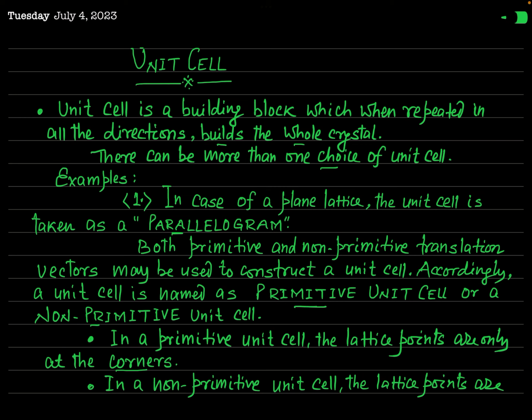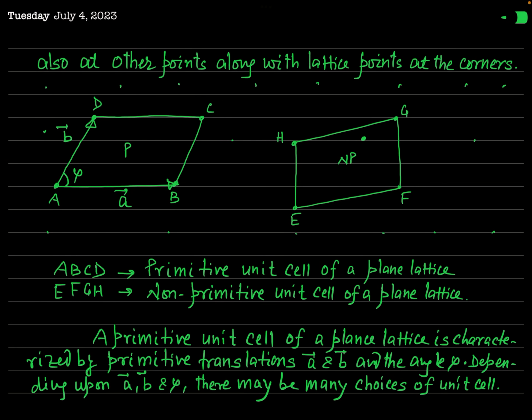So you can say that in the case of a primitive unit cell, the lattice points are only at the corners, but in the case of a non-primitive unit cell, lattice points are at the corners and also at other points which are not lying at the corners. I have shown in this figure two unit cells. Both are parallelograms, you can see. So these will be the unit cells of a plane lattice or two-dimensional lattice.